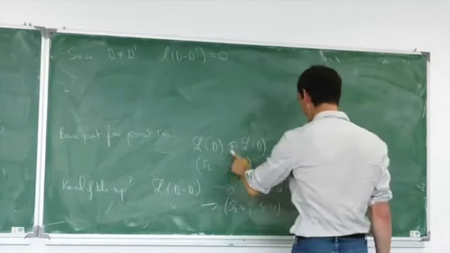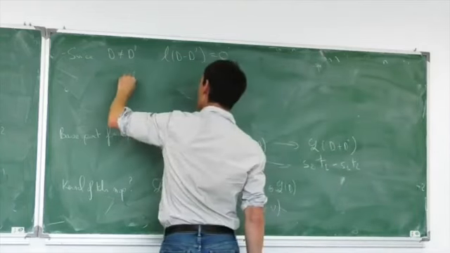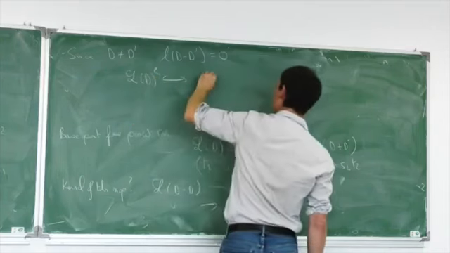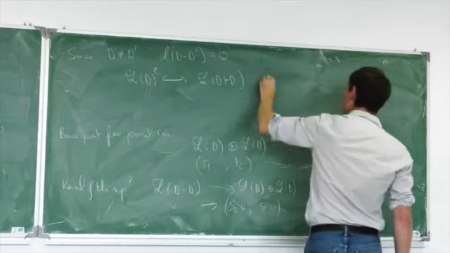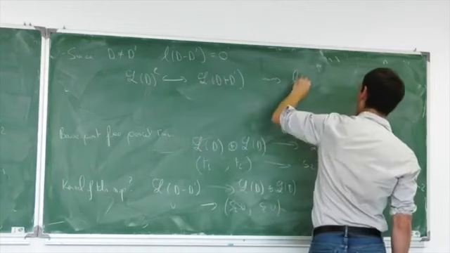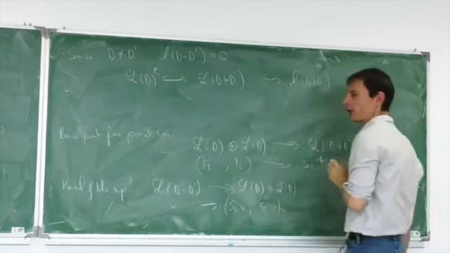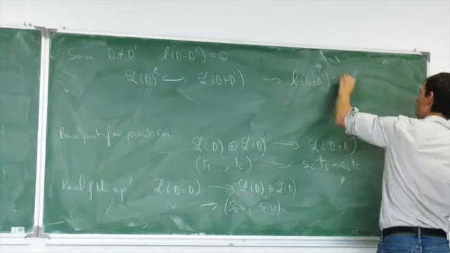So it means that this map is injective. So we have an injection of L of D squared inside L of D plus D prime, which implies that L of D plus D prime has at least twice the dimension of L of D, which was 2. So this has to be at least 4.